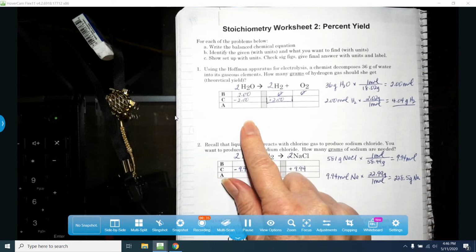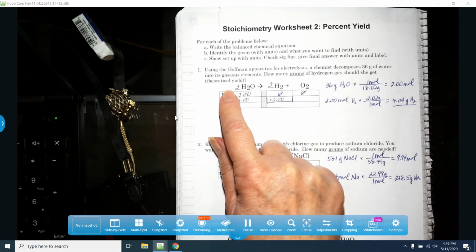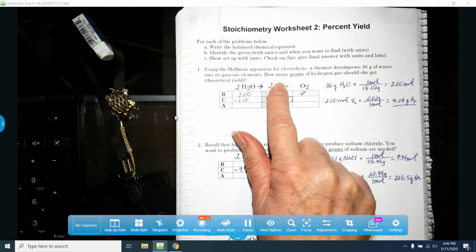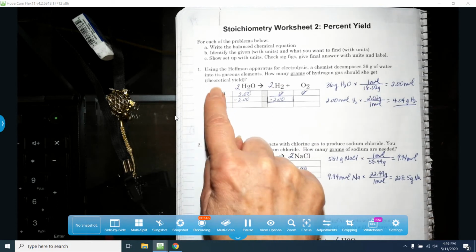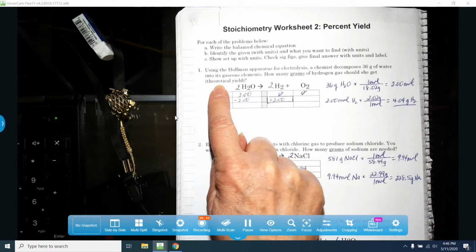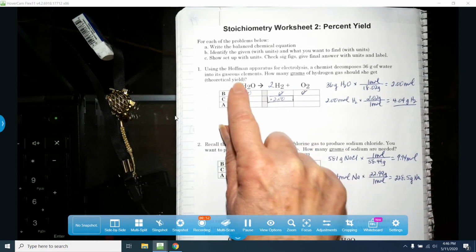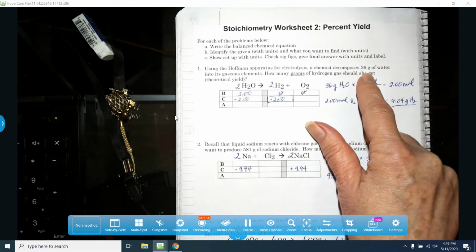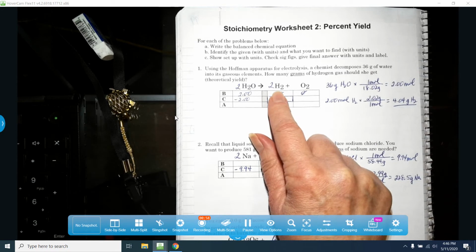So the first one is not a percent yield problem. It doesn't ask you for the percent yield. It's actually asking you to solve just a regular stoichiometry problem, which means you're solving for a theoretical yield. So you balance the equation, and then they say you're decomposing 36 grams of water. How many grams of hydrogen should you get?